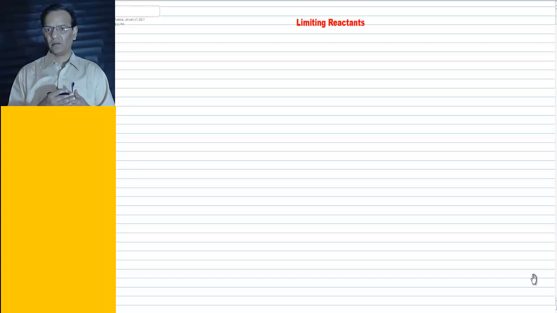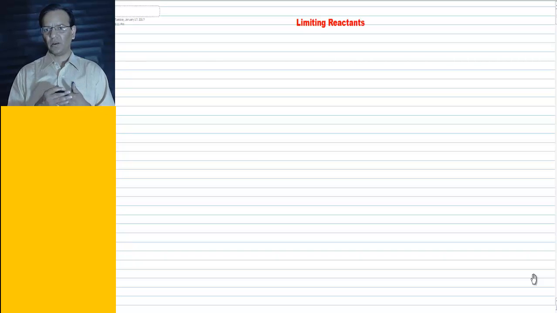Then what happens if we mix the reactants in a mass ratio other than the stoichiometric mass ratio? One of the reactants will be exhausted, will be consumed completely, and one of the reactants will be left unreacted to some extent at the end of the reaction.